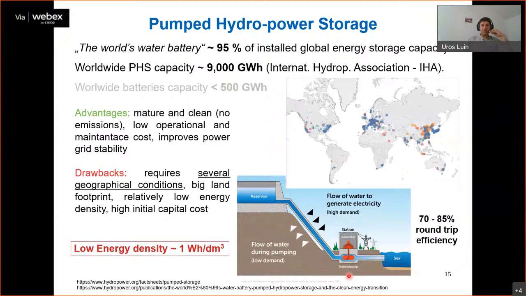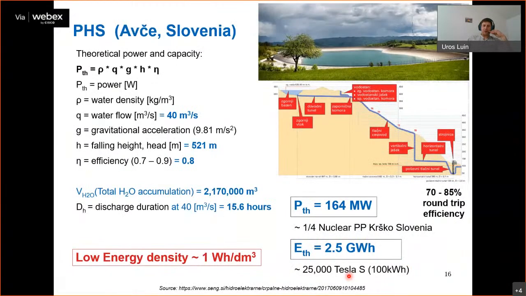And in the end, even if the round trip efficiency is quite high, we finish with very low energy density. In Slovenia, we have one pumped hydro storage plant, where the accumulation lake has 2 million cubic meters of water. Then you have 500 meters of fall, and then you have the generator.